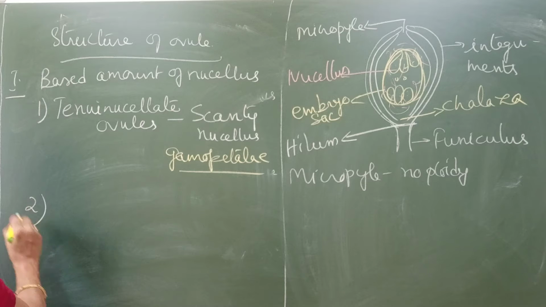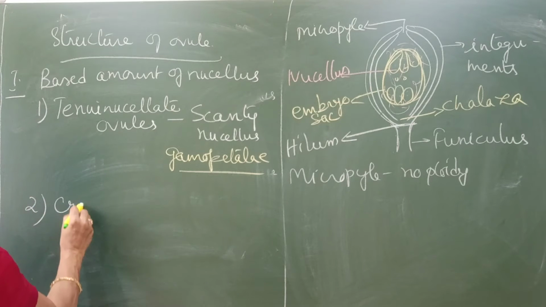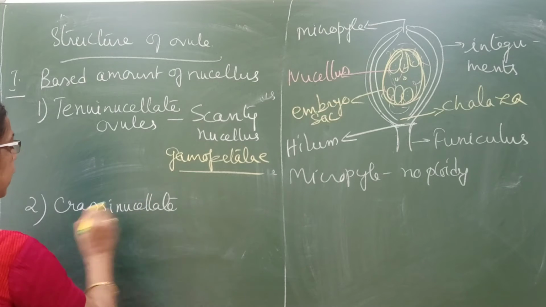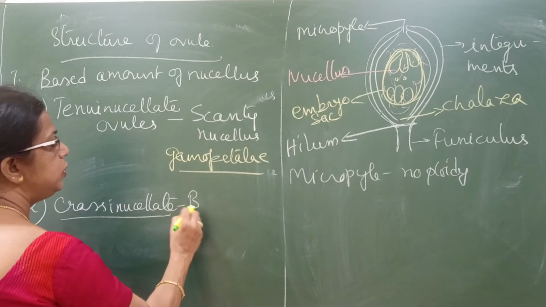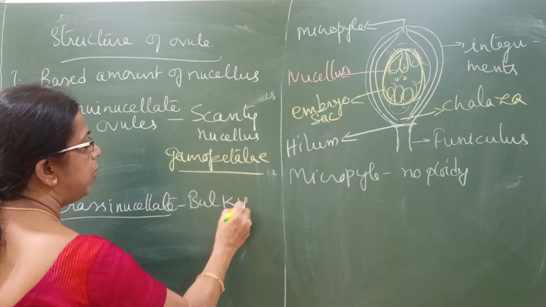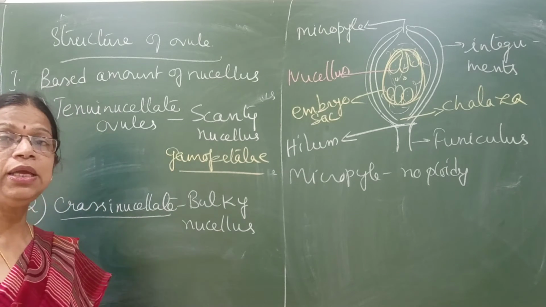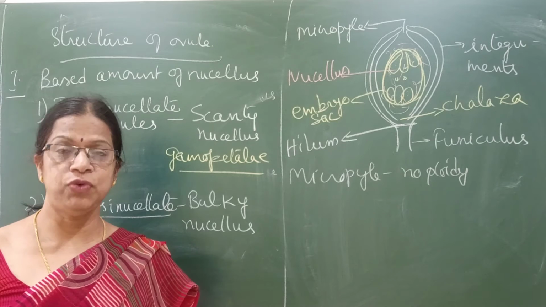Now the second type is called crassinucellate ovules. Crassinucellate ovules have a bulky nucellus, meaning a large amount of nucellus.